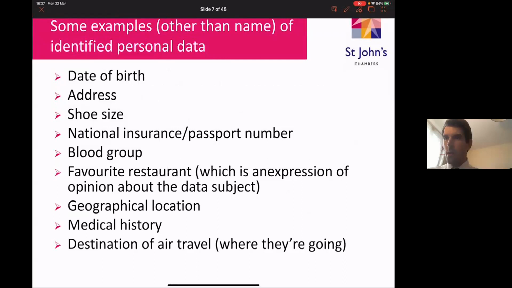So date of birth, address, shoe size, NI or passport numbers, blood group, the data subject's favourite restaurant, because that's an expression of opinion about the data subject, whether given by the controller or the data subject, or indeed any other person, geographical location of the data subject, their medical history, or indeed their destination of air travel. So that would include where they're going on holiday, for example.